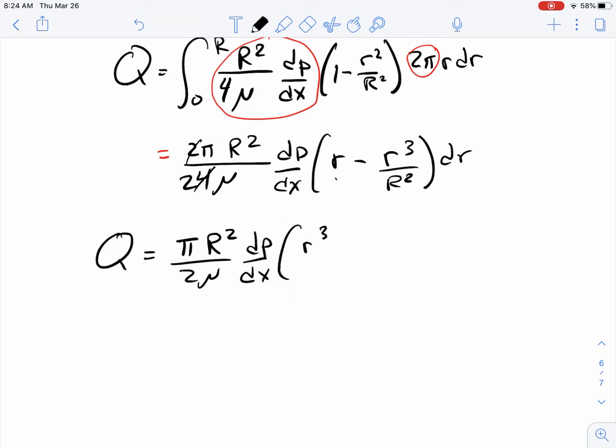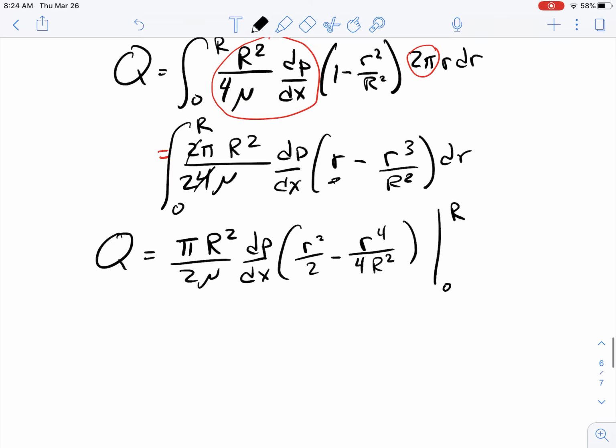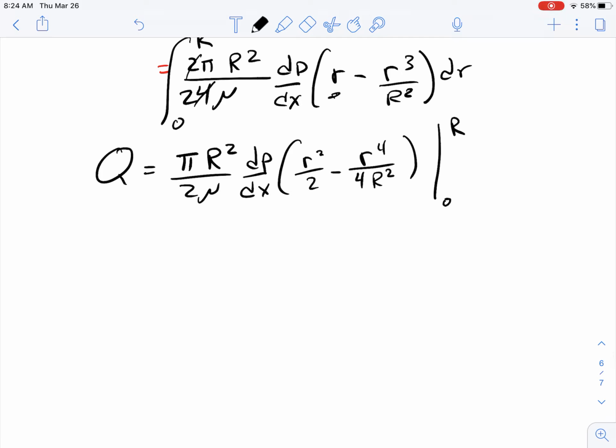And our integral is, we only have a single r there. We're going to integrate this: r squared over 2, minus r to the 4th over 4 big R squared. And then we'll evaluate that from 0 to R, because this was back over here, our integral 0 to R. So let's go ahead and substitute capital R into the equation.